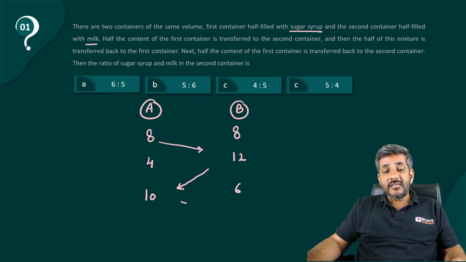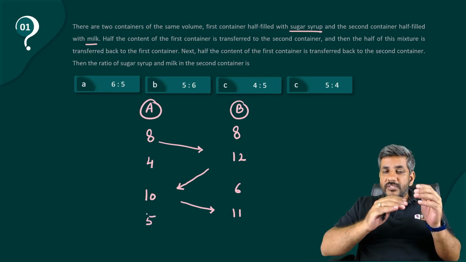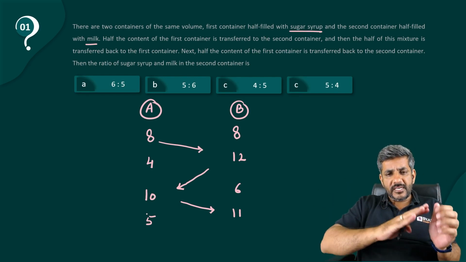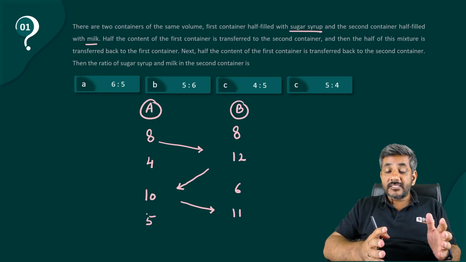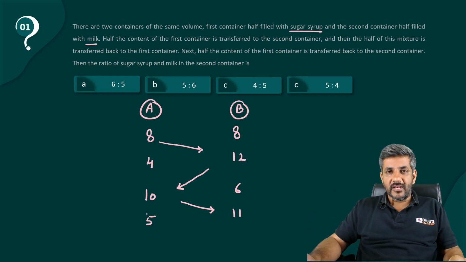Then half of that 10 goes over there. So 10 plus 6, half of 10 is equal to 5. So I will have 11 over here and 5 over here. So if I talk about the total quantity, which was initially 8 and 8 in the two containers, after the first process, it became 4:12. After the second process, it became 10:6. And after the third process, it became 5:11.